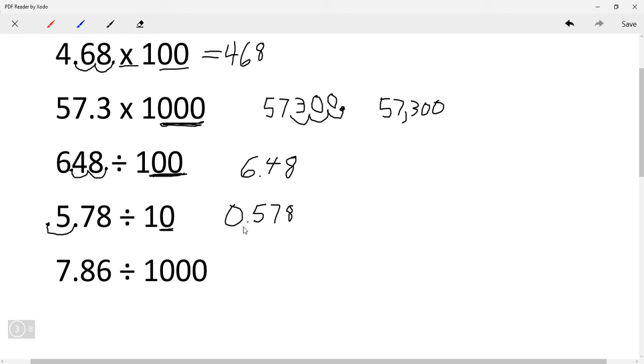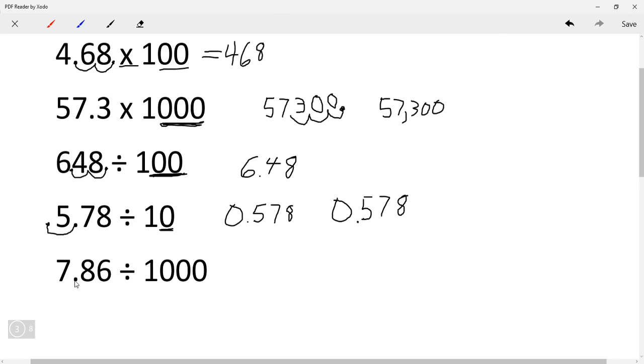Technically I would say that's proper notation, but if you just put a decimal here, technically it's the same number. But it's always good to put a 0 in the ones column if it's just a decimal and you don't have any whole numbers.